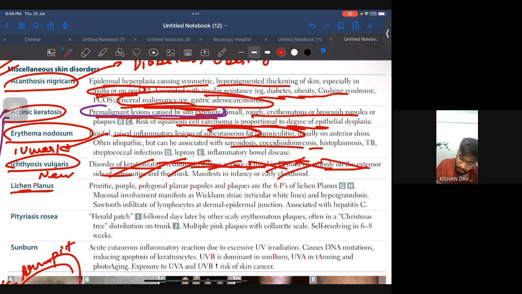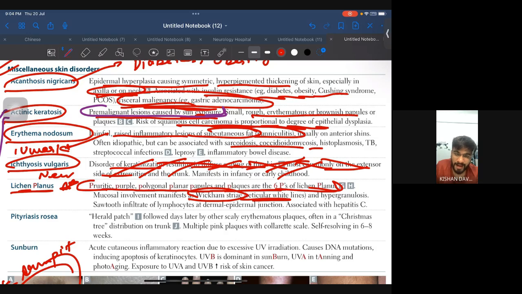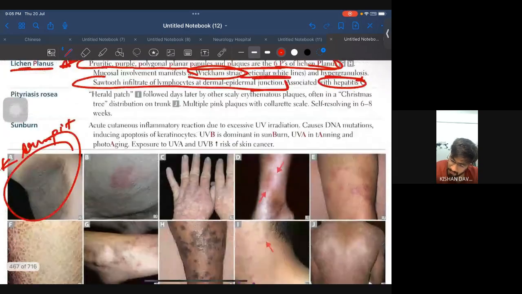Lichen planus, very important. Pruritic, purple, polygonal papules and plaques are the 6 P's of lichen planus. Very important. Mucosal involvement, known as Wickham's striae, very important, reticular white lines, and hypergranulosis. Sawtooth infiltrate of lymphocytes at the dermal-epidermal junction, and hepatitis C. See, everything is given over here.